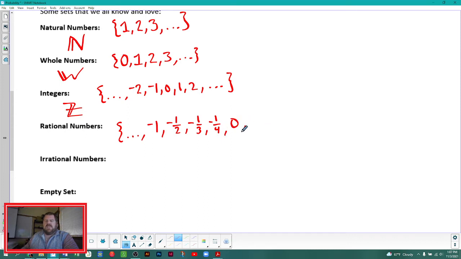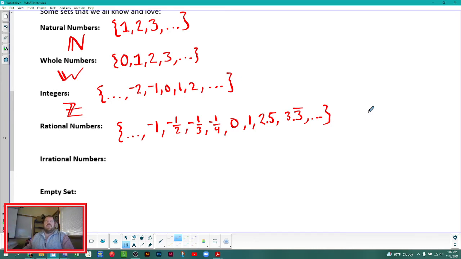And there are numbers in between these, so this is a really hard one to write out all the elements of. So we've got 1, we've got 2.5, let's throw 3.3 repeating in there, and so on.